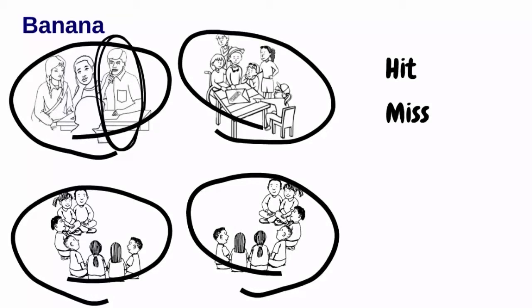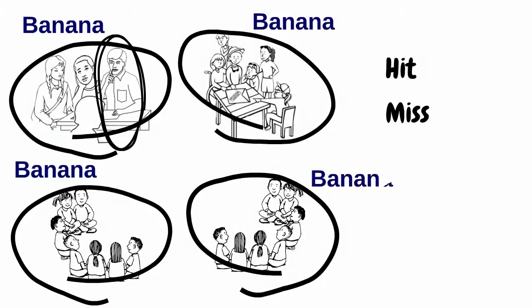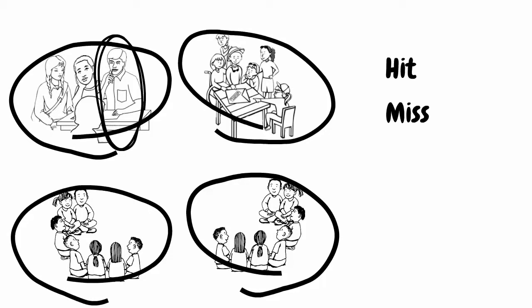And then I will point to each group that is next to group 1, of course, and I will say that group 2 has banana, group 3 has banana, group 4 has banana. Hit. And then I will say that group 1 gets a point. Good job. Thumbs up. I'll gesticulate and say, very well done.